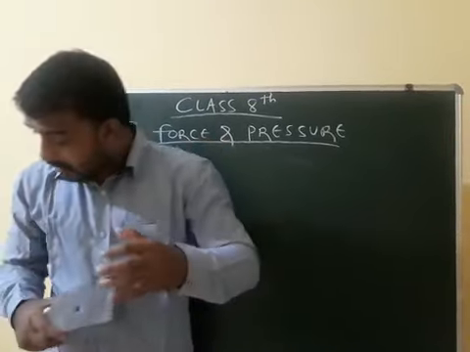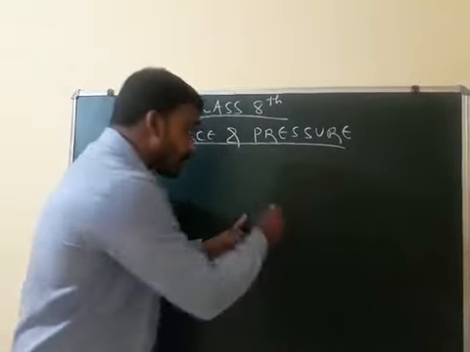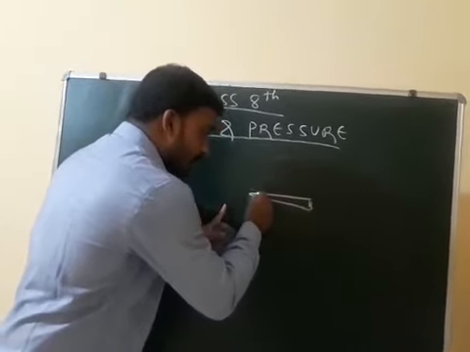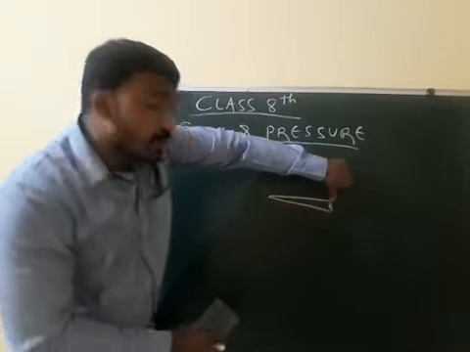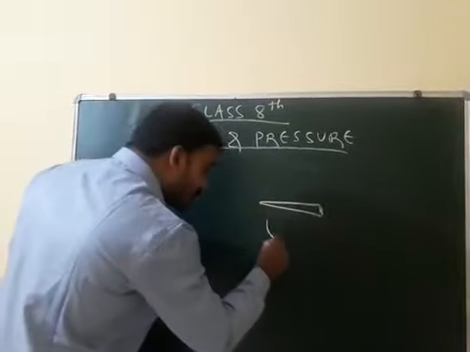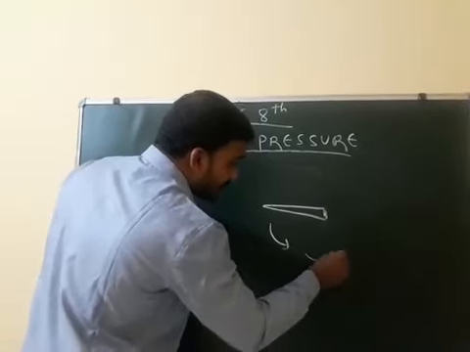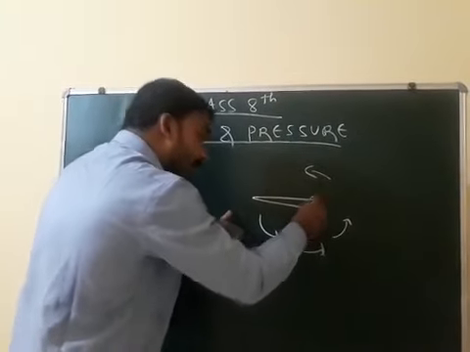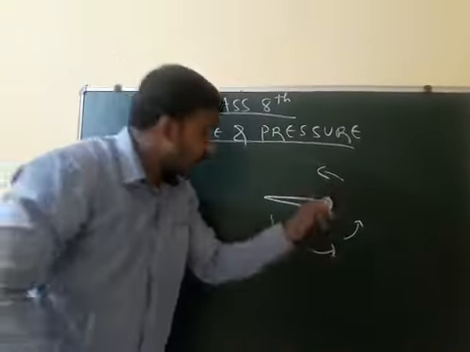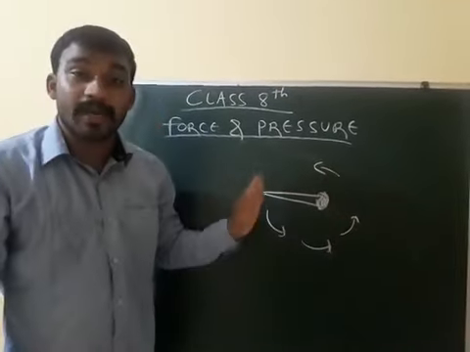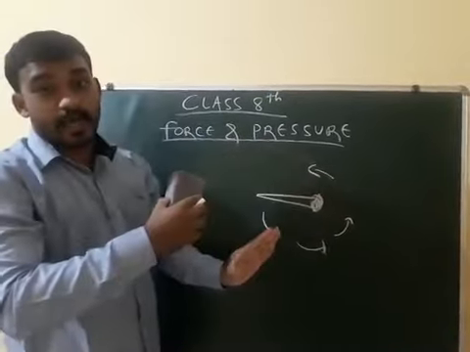Another example: suppose you place a pencil, keep your finger at one end, and rotate it. It is rotating pivoted at a point. That point is fixed. It is rotating about a point.